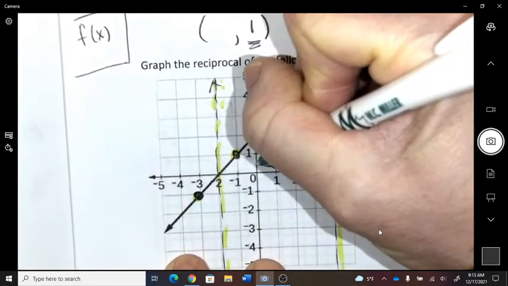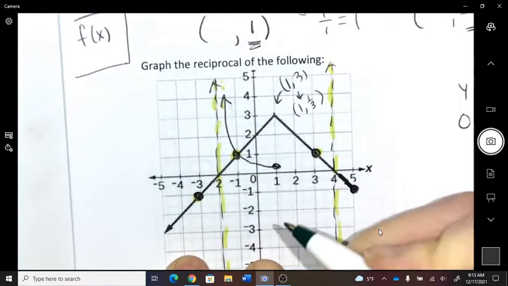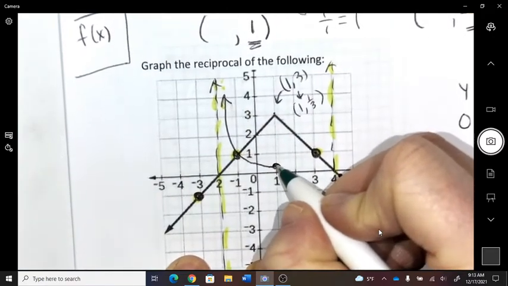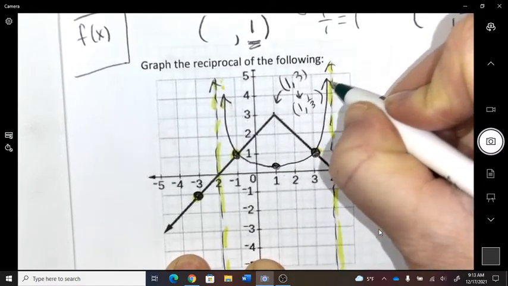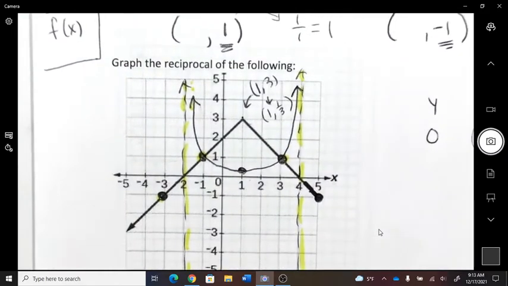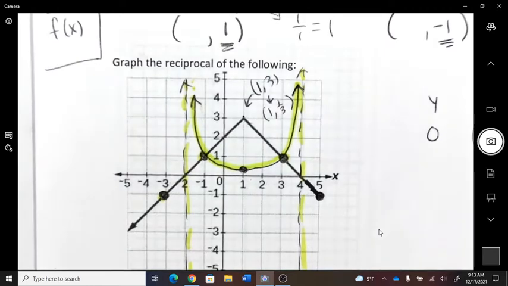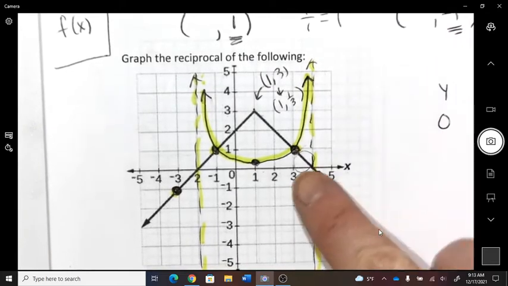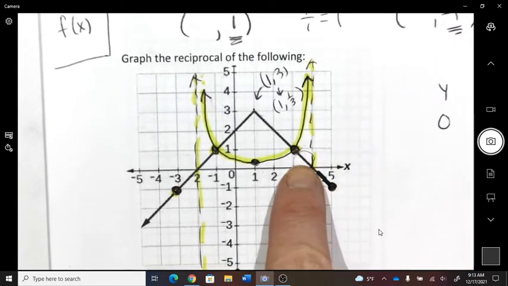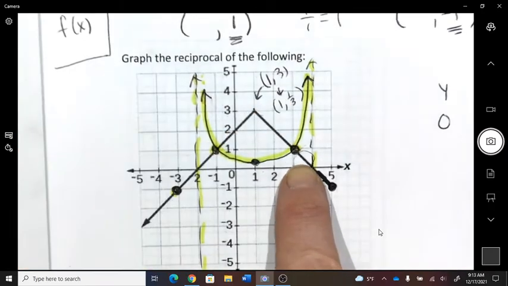So from there I'm going to go up, and then up, up, up, up, up. So if it's the lowest, I'm going to go upwards. Okay, here's the thinking and process too. Like this zone right here, I'm getting closer to 0, so now I'm going to shoot away from 0.